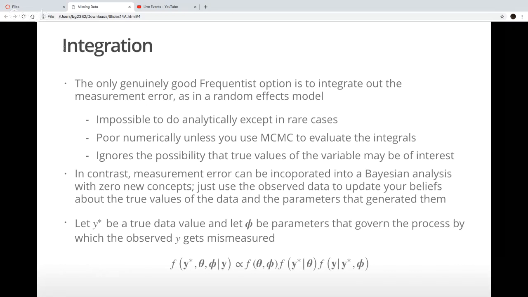So considering that group-specific intercept, group-specific slope, etc., to make a contribution to the error term that causes those to be correlated, and then integrate those problematic things out of the likelihood, maximize it with respect to the other parameters, and then you get a different estimator. But that's impossible to do analytically unless everything is Gaussian. It's pretty poor numerically unless you use MCMC to evaluate integrals.